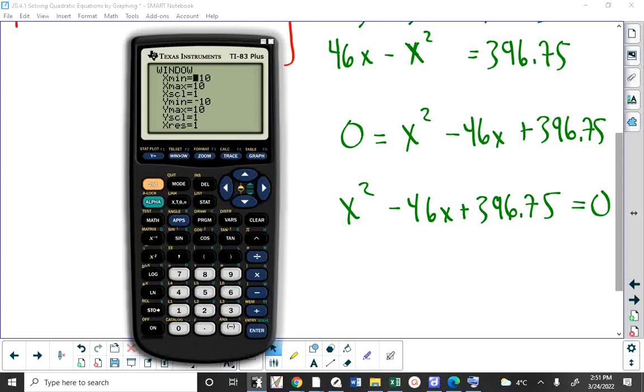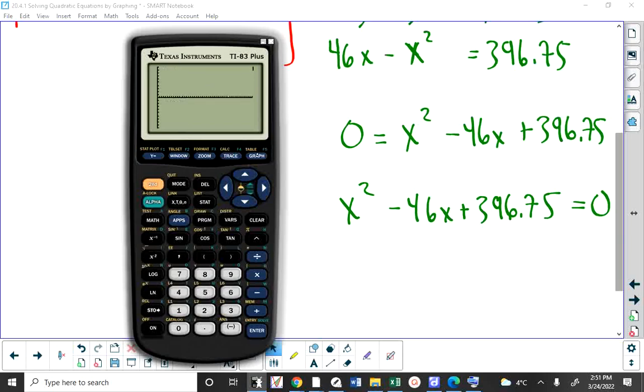Now, if you're really up for it, you can complete the square and find the vertex and set up the window settings that way. But if it's coming down at 11, maybe it'll go up. Well, it's going to go up past 11, but remember something. The two numbers have to add to give 46. I might just go 0 to 46. That will include any of the numbers that would be between 0 and 46.